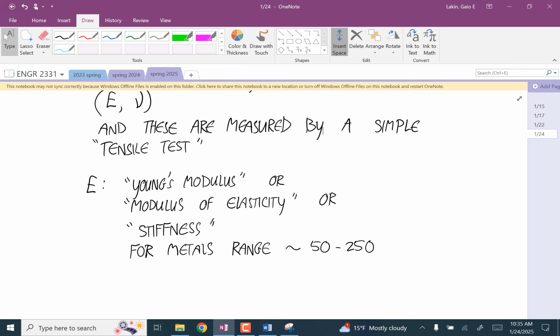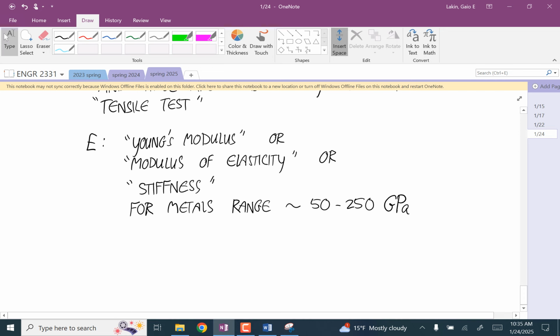Let me think. A gigapascal is, yeah, it is gigapascals. So a bigger value is a stiffer thing. You know, steel has a very big Young's modulus. Gold has a very low Young's modulus for a metal.